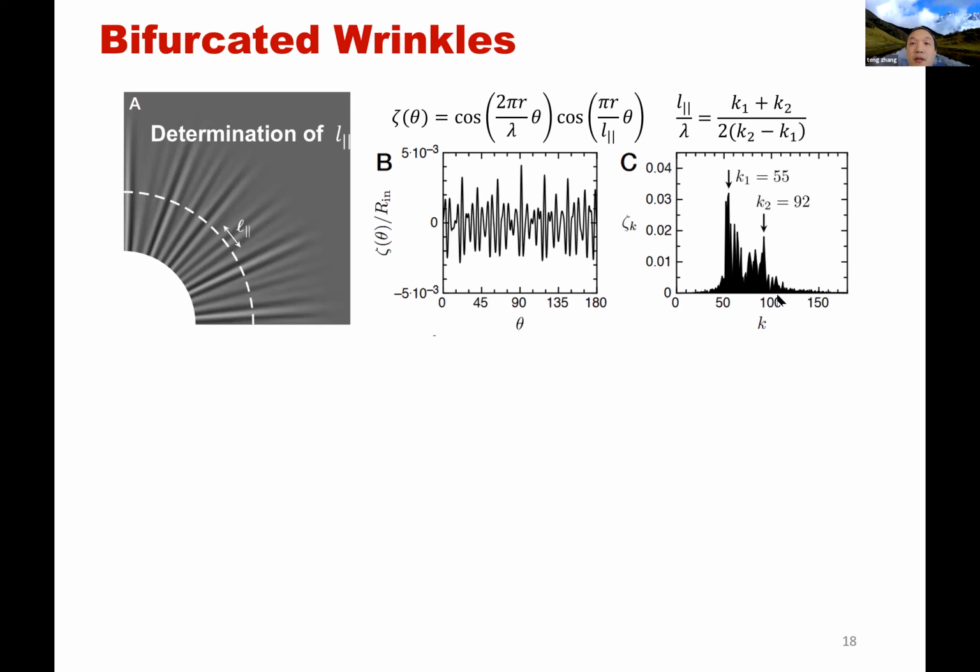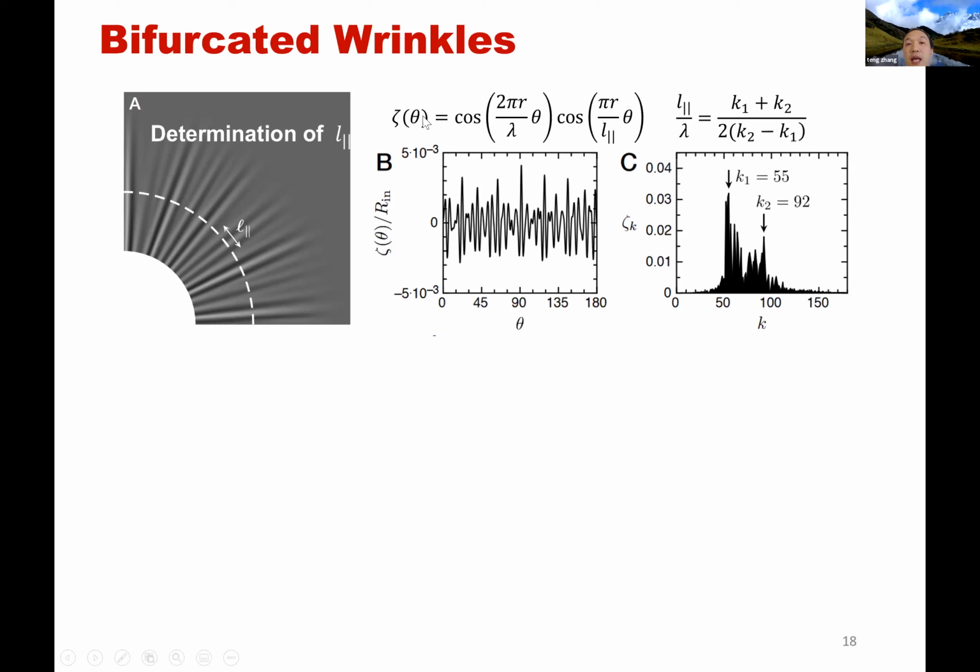And here is the detailed behavior of this bifurcated wrinkle. You can see one typical simulation. The color means the wrinkle amplitude: the dark color means the amplitude is larger, and the light color means the amplitude is smaller.